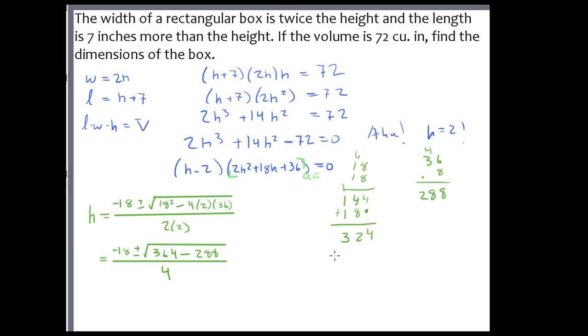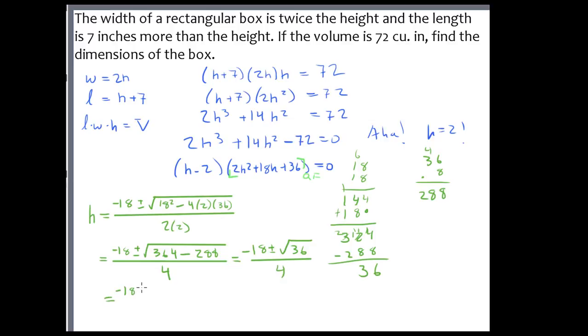So 324 minus 288 is 36. So this is minus 18 plus or minus the square root of 36 over 4. Would you believe it? This is actually going to factor.